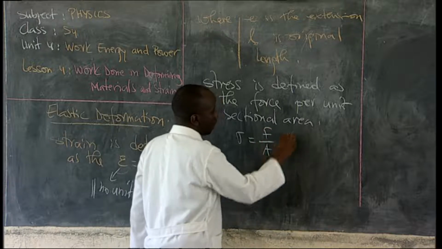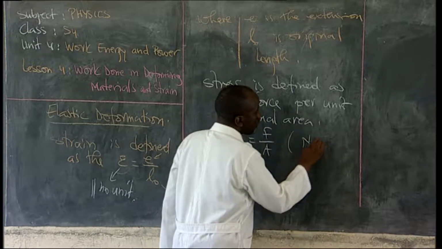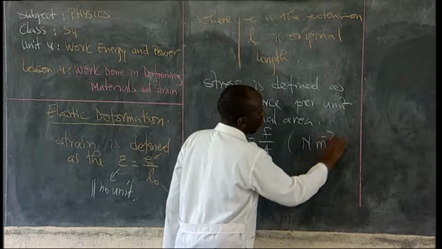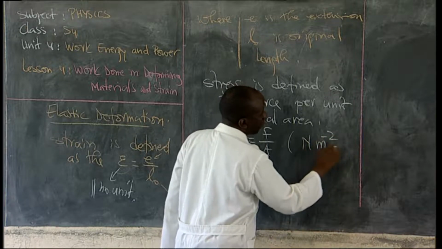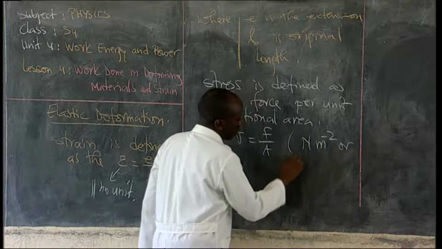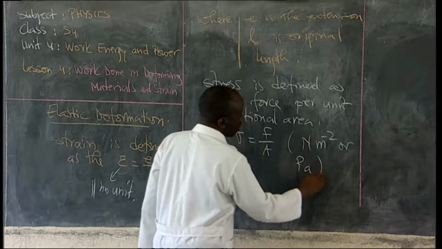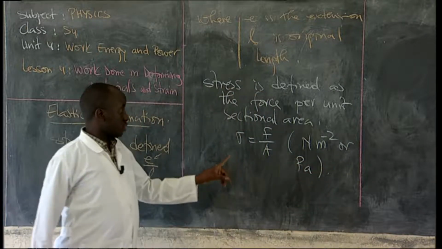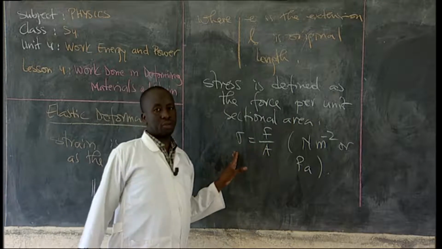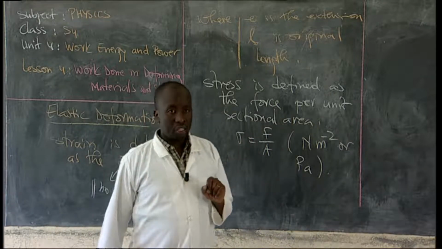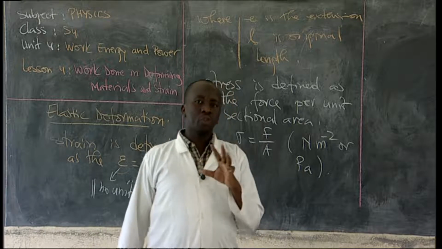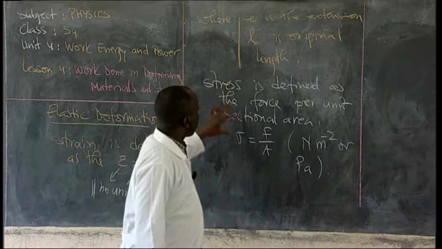And the unit will be Newton per meter squared, or Pascal. You can express this in Pascal, right? So this is what we call stress. Now, students, I hope you understand what we are saying here. I want you to be able at least to define this.